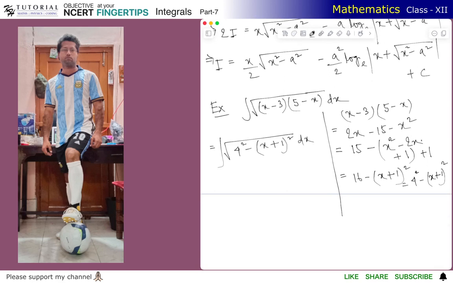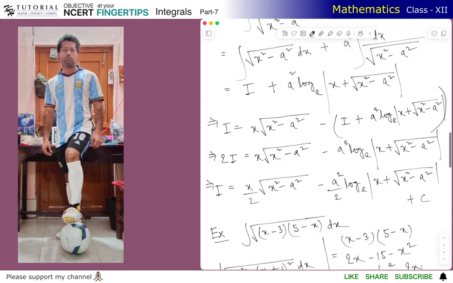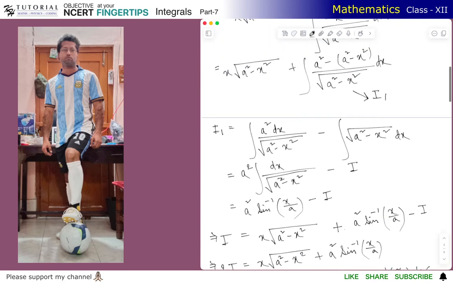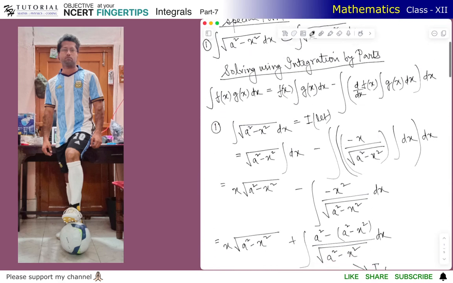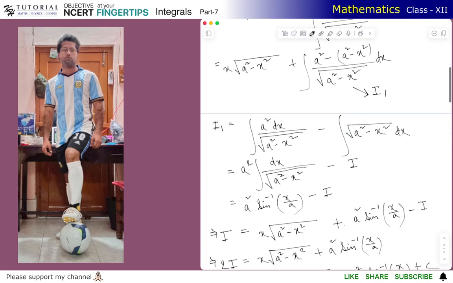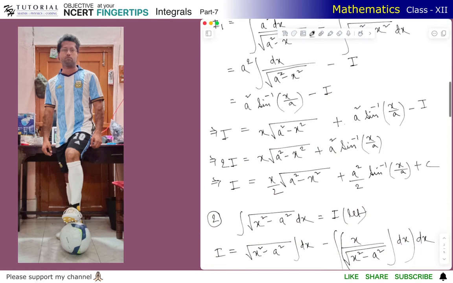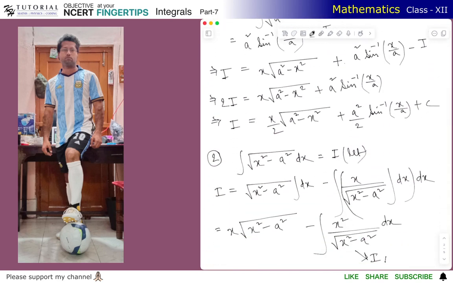So if you do integration by parts, this is of the form a square, the first one, that is the square root of a square minus x square, and the result we got for that form, the first one, we got this result.